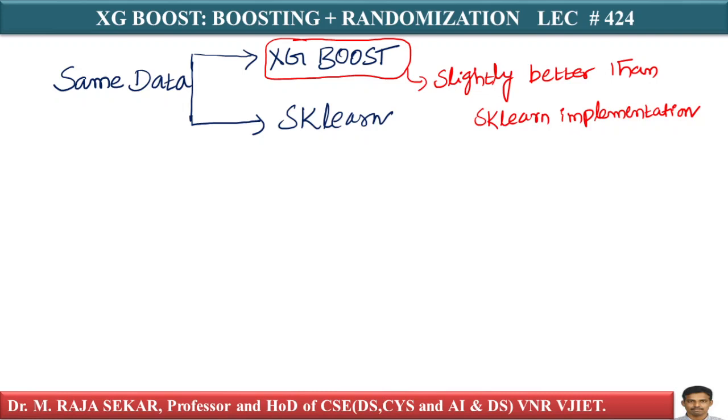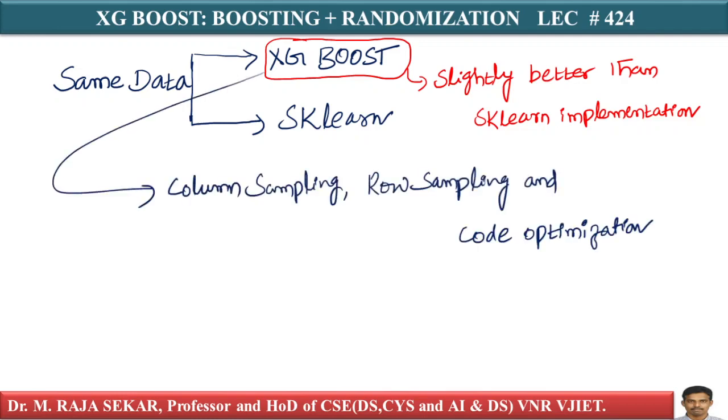I think it is mostly used because of column sampling and row sampling, and it does some code optimization much better than scikit-learn. We can use GBDTs extensively in production environments with massive data sets.